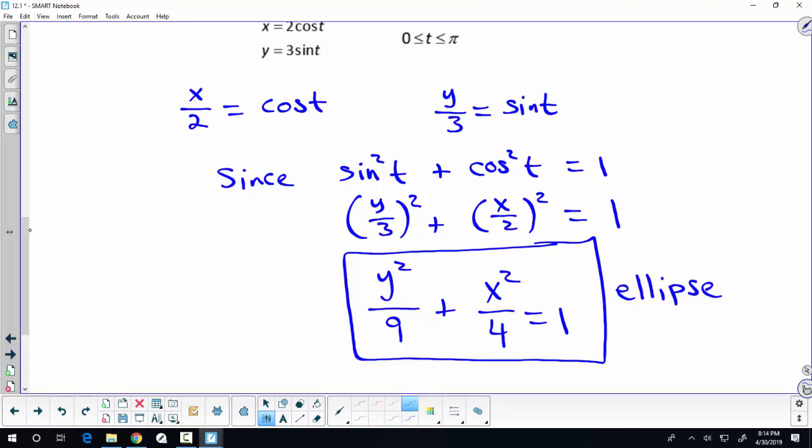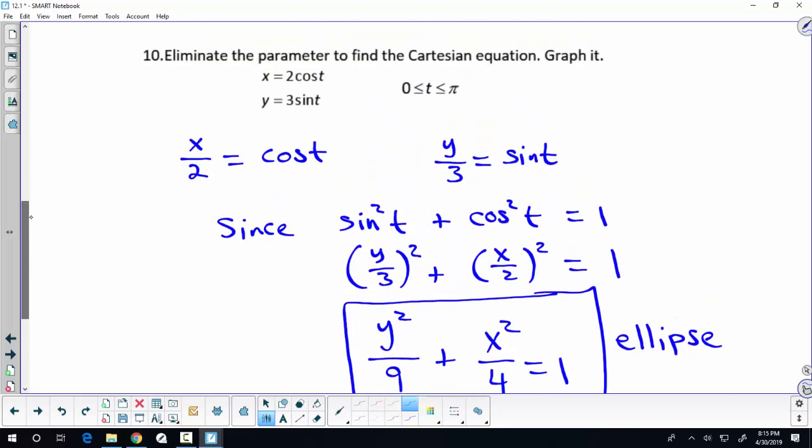So I think at this point, there's not much room for us to believe that it would be anything but half the ellipse. But because it does say graph it, we could just pick t equals 0, pi over 4, pi over 2, 3 pi over 4, and pi, and plot those points. But initially, our initial point would be what?